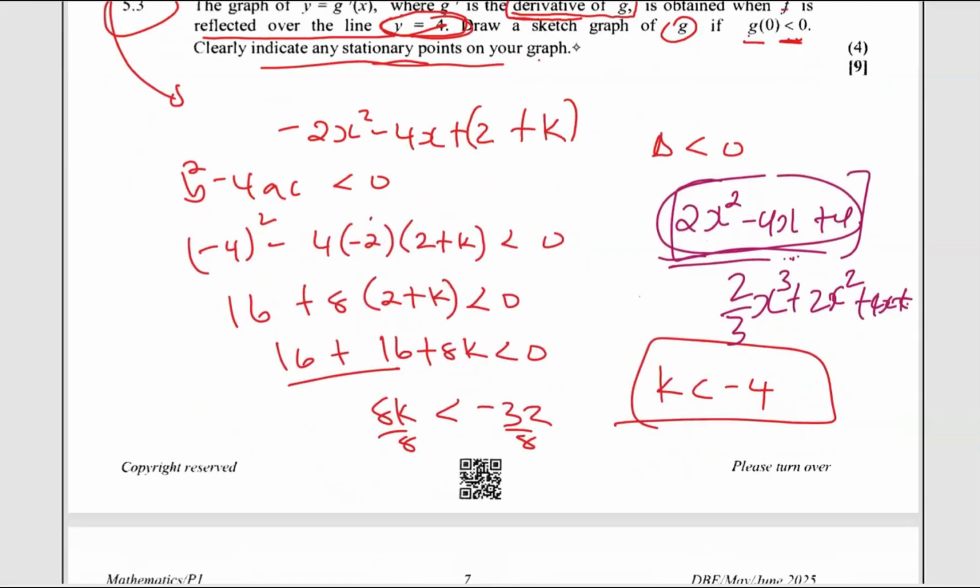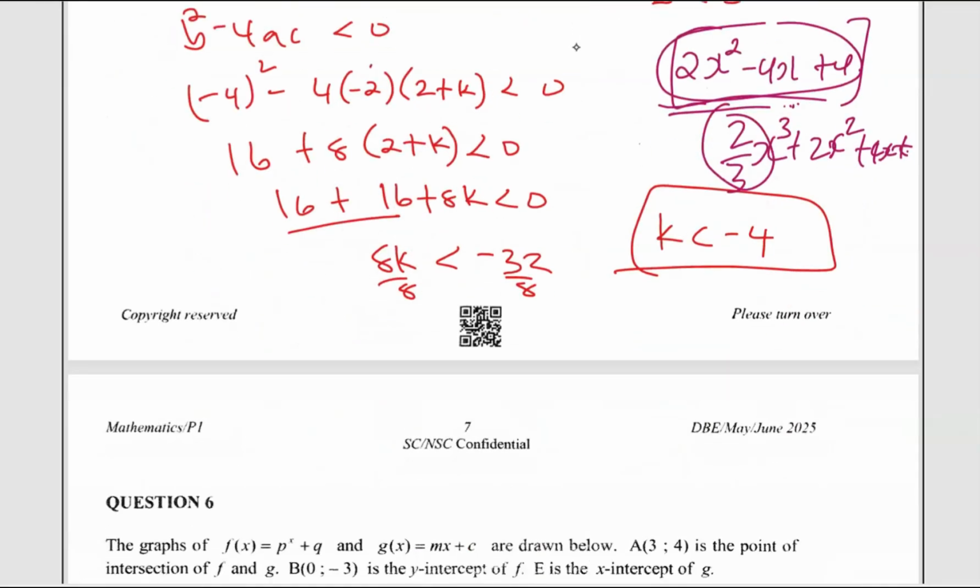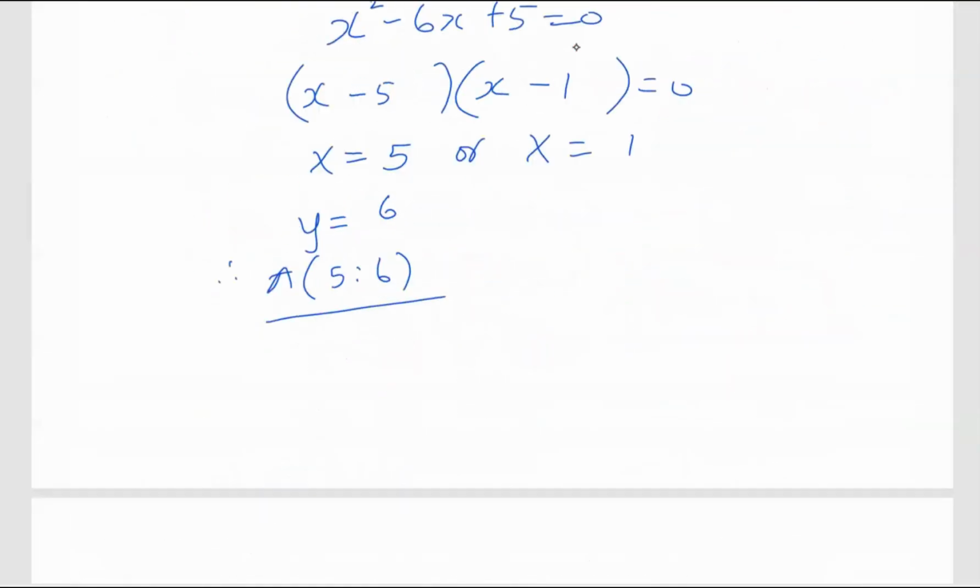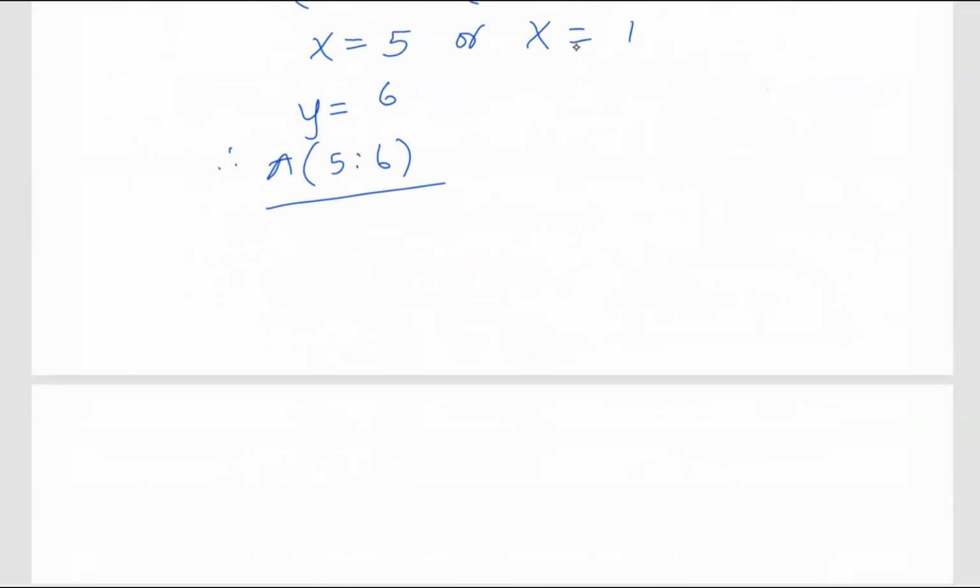Now, since they told us that when x is 0, the value that we have is going to be negative, and our a here is positive, meaning that the shape of our graph should be something like that.